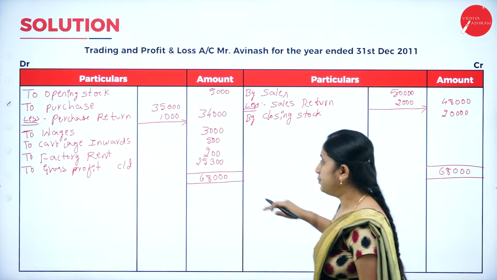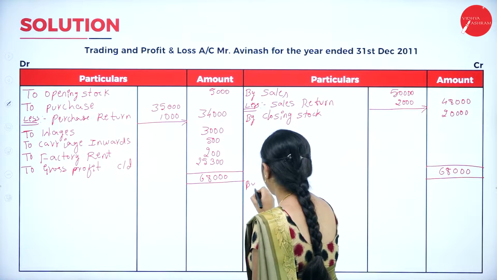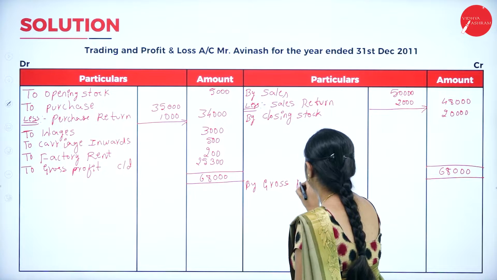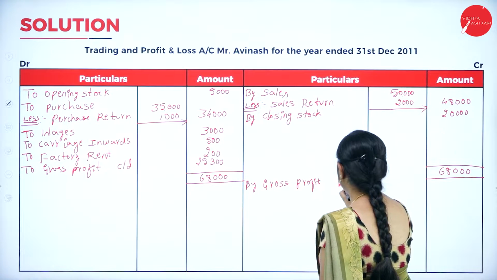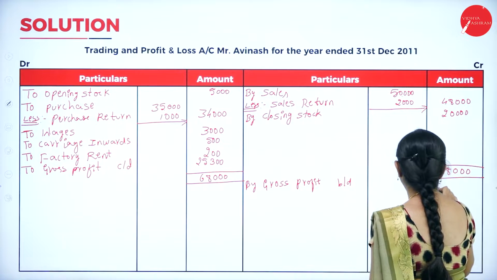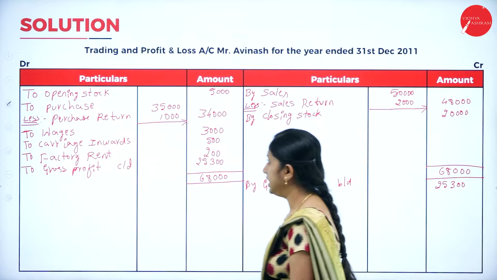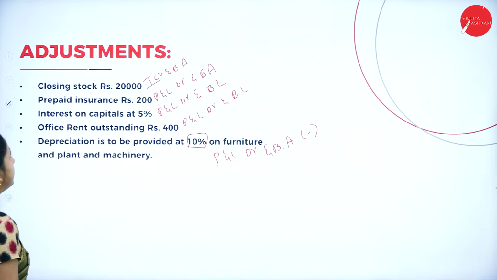Gross profit should be brought down for the profit and loss account. By gross profit brought down 25,300.